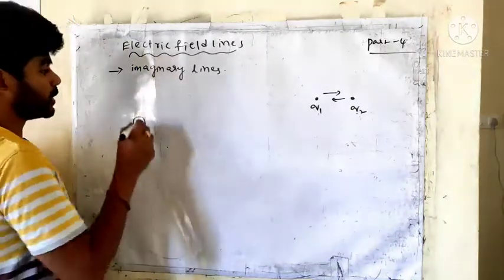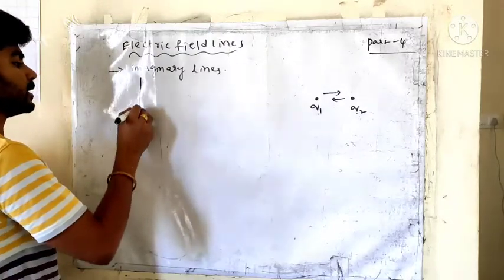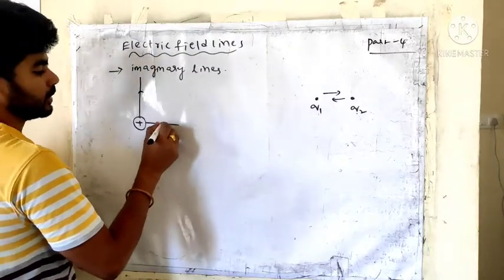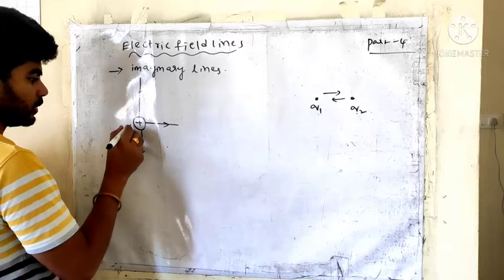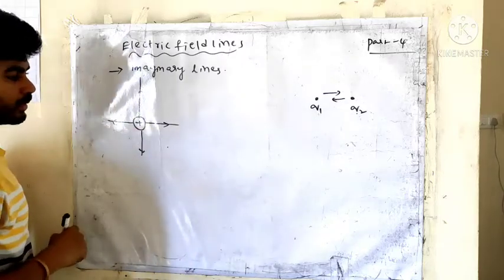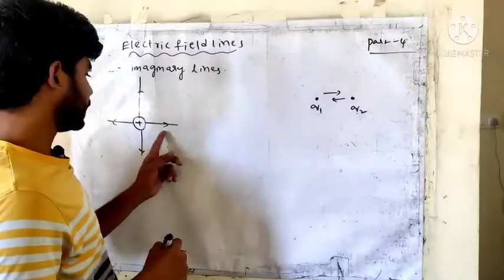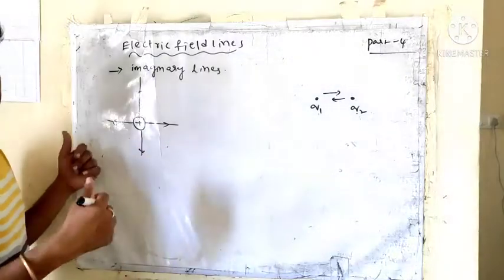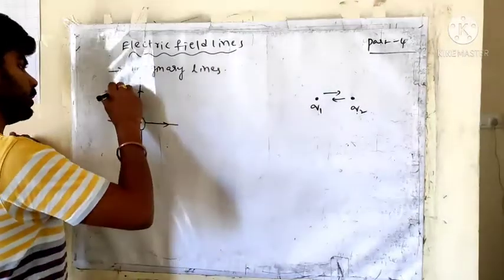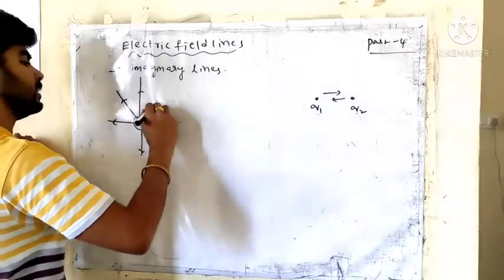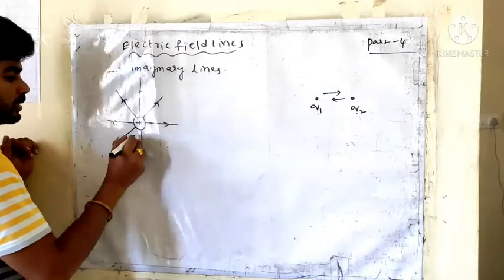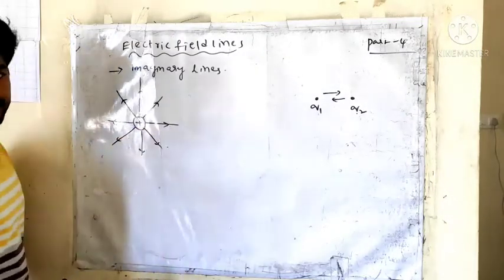A positive point charge always attracts the nearby charges, so here the electric field lines are passing outwards. This is the positive charge electric field lines.